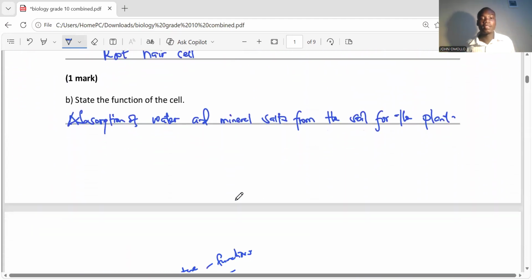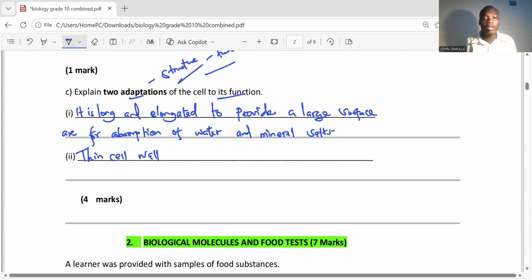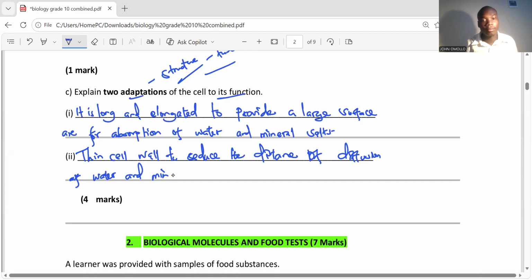It is very thin, to reduce the distance of diffusion of water and mineral salts. So it reduces the distance of diffusion of water and mineral salts in the soil.